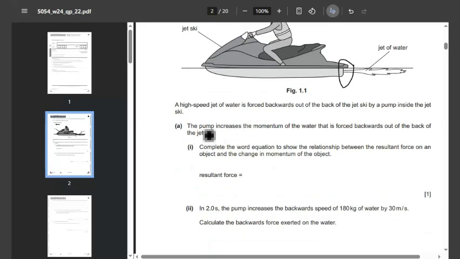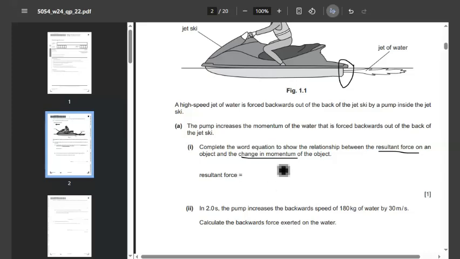Question A. The pump increases the momentum of the water that is forced backwards out the back of the jet ski. Roman 1. Complete the word equation to show the relationship between the resultant force on an object and the change in momentum of the object. So basically we have to write the formula for resultant force according to the change in momentum.